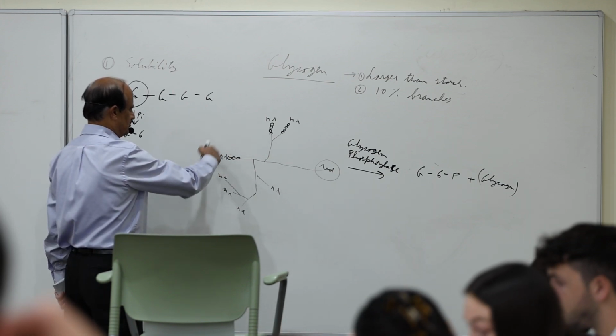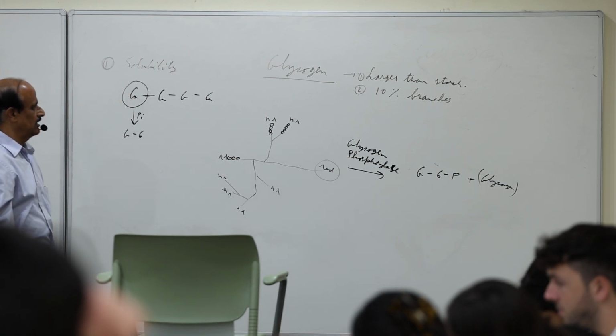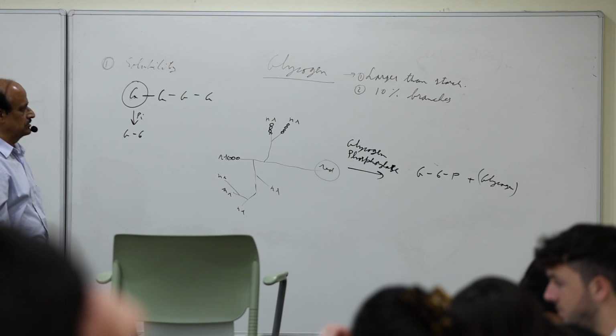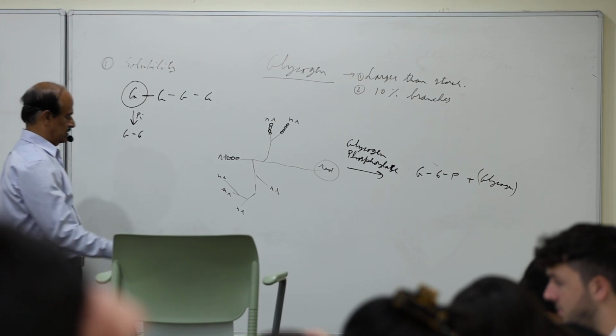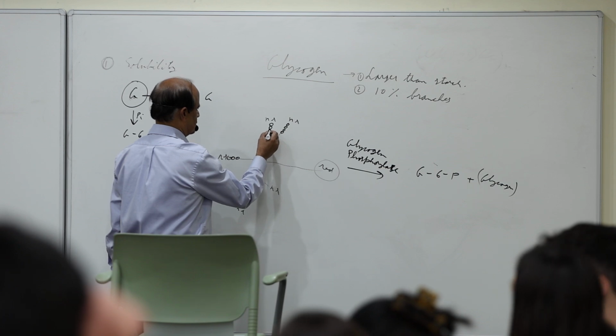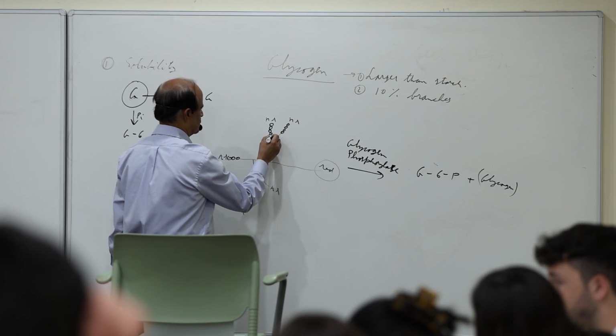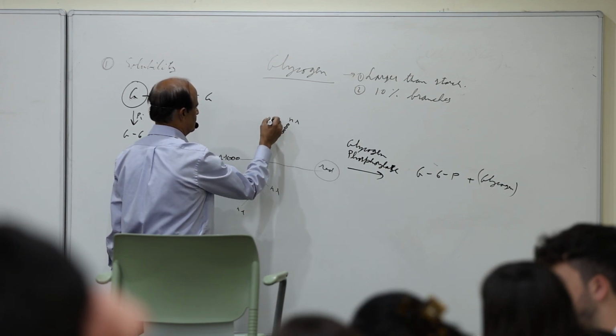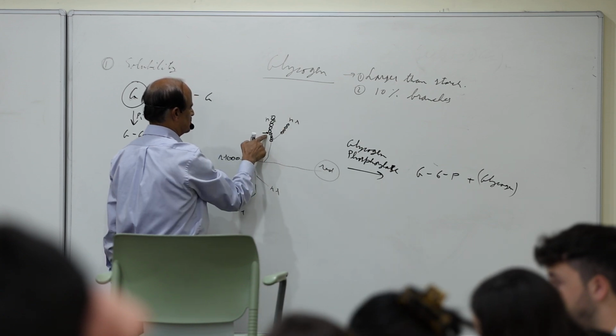Secondly, the more non-reducing branches you have, the faster you will release your glucose. And this enzyme actually works, and it stops about 4 units from the branch point. So it will remove all these glucose till it comes close to the branch.